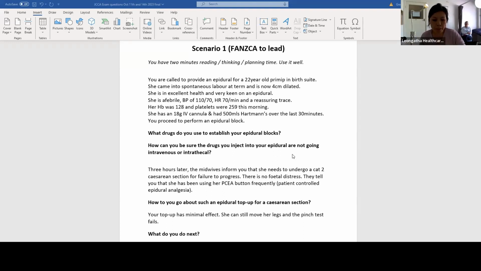Okay, that's a little bit concerning that she's requiring a lot of boluses. I would want to know that this epidural is really reliable in order to use it for a Caesar.